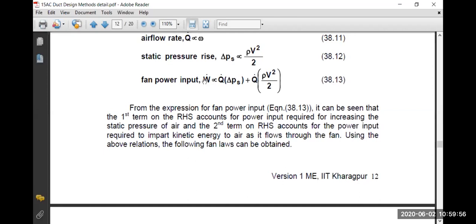So the total power required by the fan is the power required to create static pressure delta PS and flow rate Q dot, plus the power to create this velocity multiplied by this flow rate.